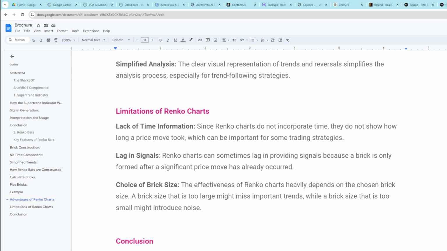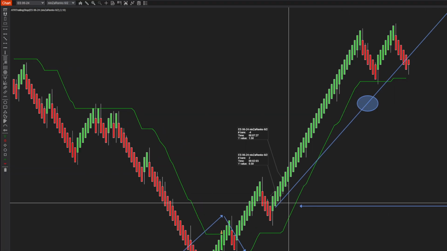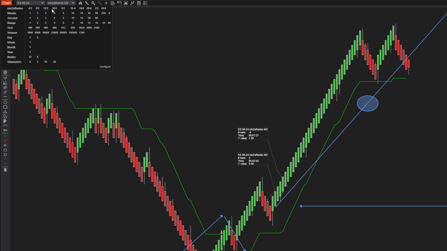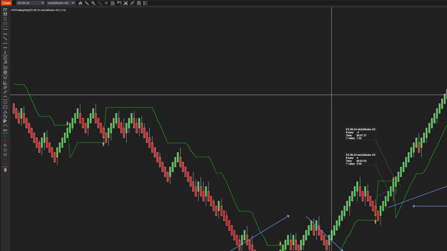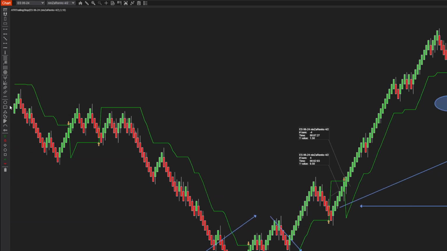So right now I have a 6 tick chart here. You see that there's not a lot of noise in this chart. If I switch over to a 4-2, which is what we are using today, you can see that we have a lot of noise. For example, we have noise over here. We got noise over here.